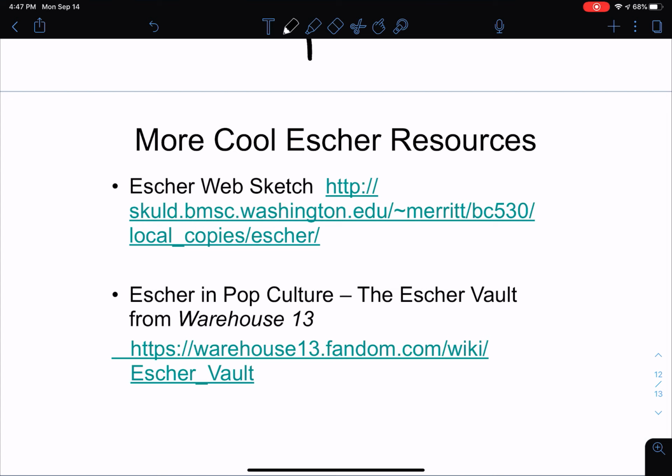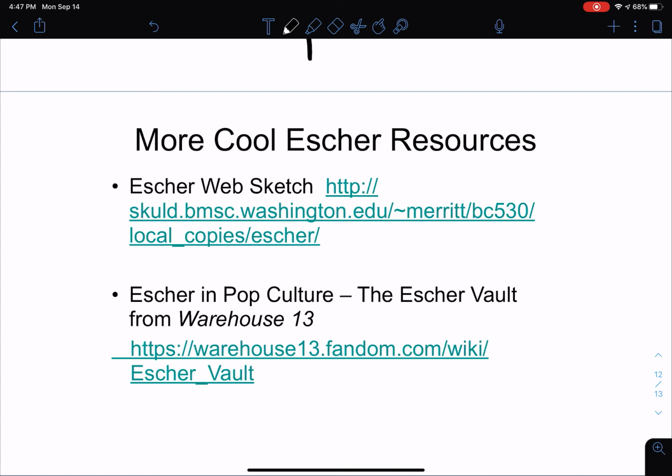And then for those of you who like shows like Warehouse 13, kind of a pop culture sci-fi type show, if you're into that kind of thing, if you've never seen this, find Warehouse 13 and watch it. It's an awesome show. But in one of the episodes, they have an Escher vault place.